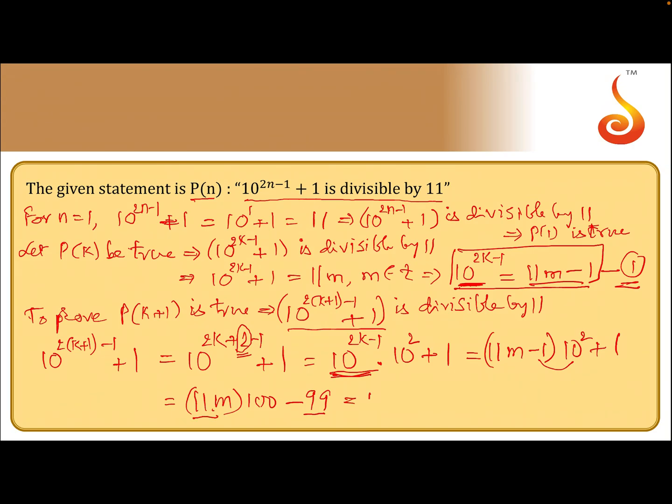So you can take 11 common: 11 times (100m minus 9). So we got an integer multiple of 11, so it is divisible by 11. The LHS value is a multiple of 11.